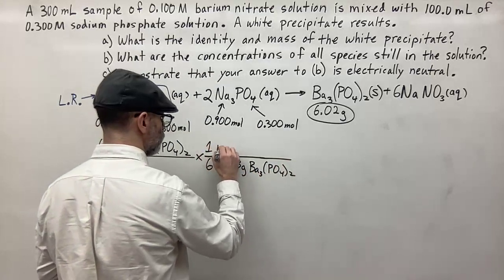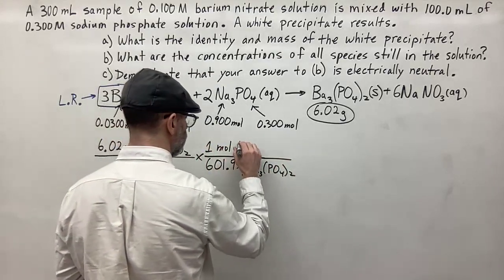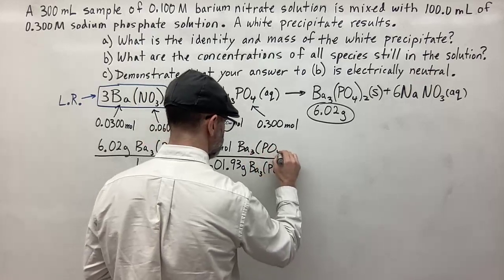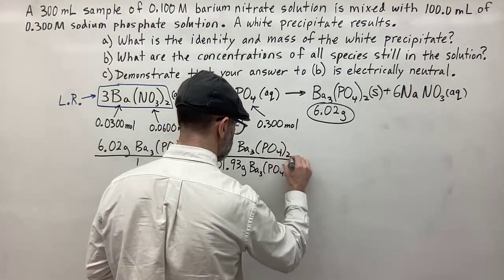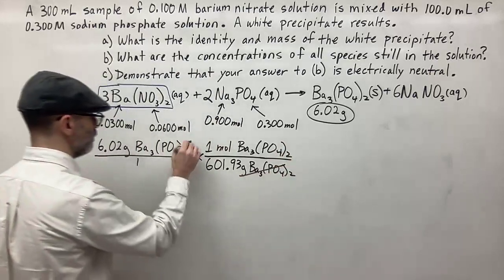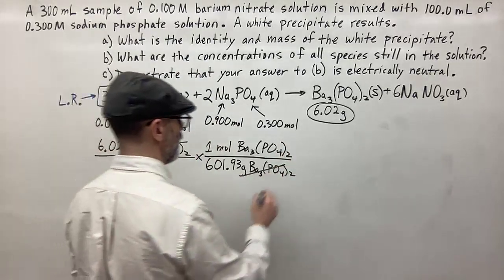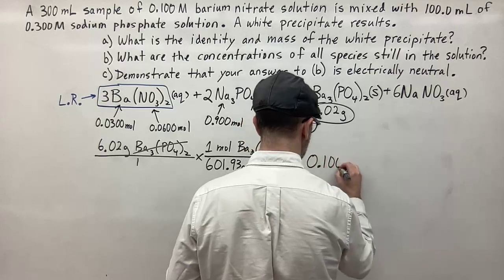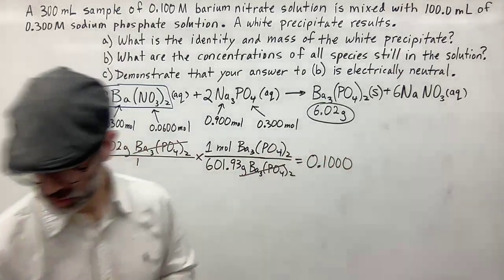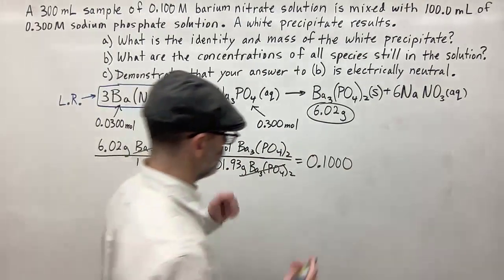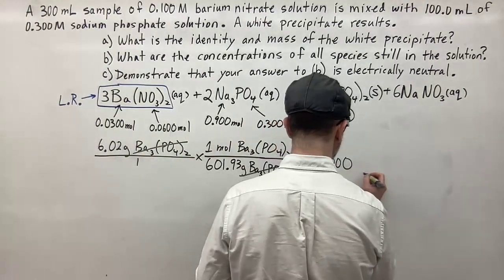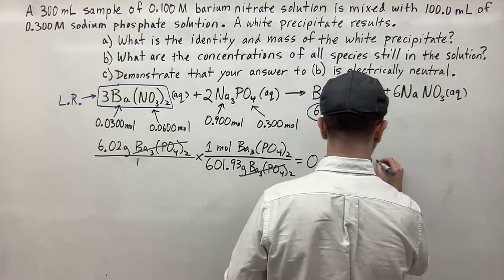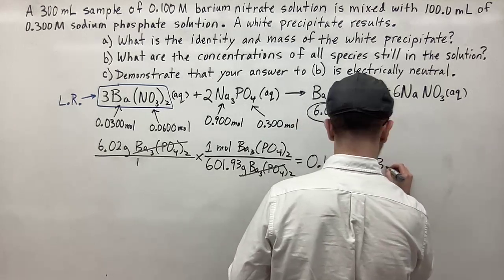And on top is 1 mole of the barium phosphate. Grams of the barium phosphate will cancel out. And when I calculate this, I get 0.1000. Yeah, that's pretty much it. So that's going to be moles of barium phosphate.